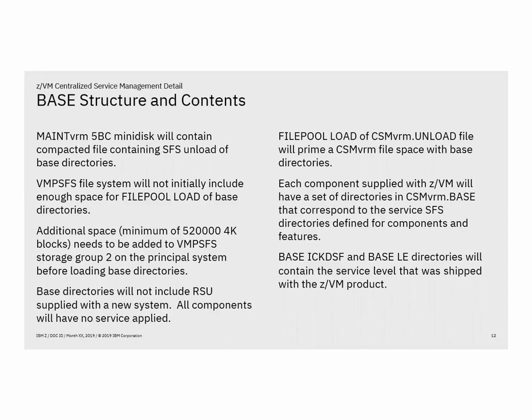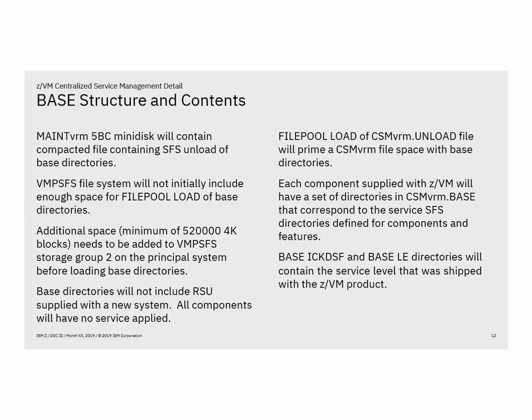And it is an SFS file pool unload of all the base directory, SFS directories for all of the components of VM. So those are the base components and the optional features of VM, everything that would be serviced by an RSU. Now, as 720 is installed, the VMP SFS file pool does not contain enough space to hold that base. And that's because there's no need taking up a lot of space if you're not going to use CSM.